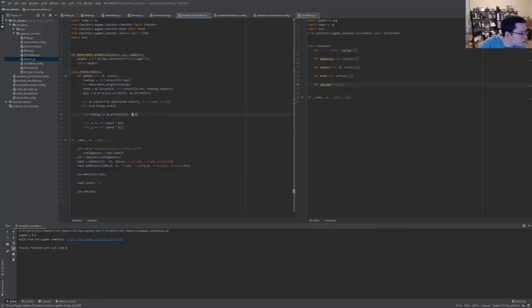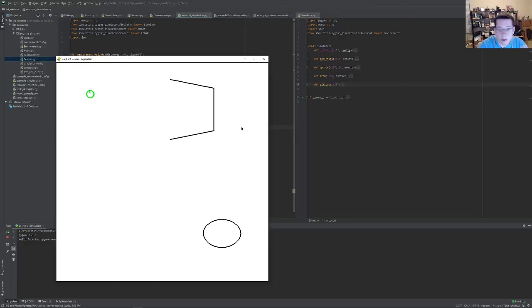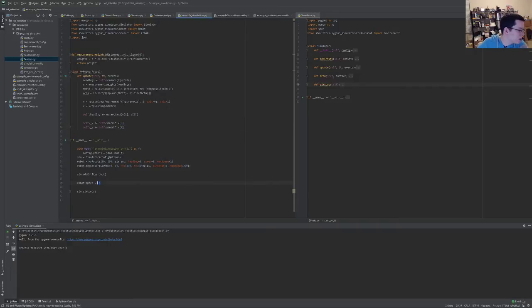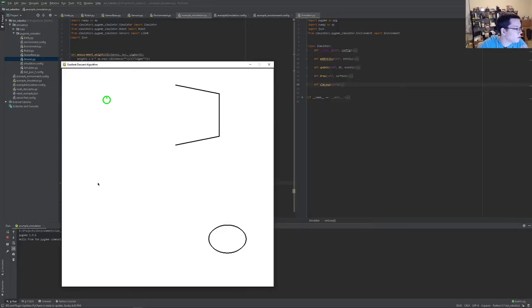Just so that you can see what it's doing, it's not correct, but it is moving. Let's increase the speed a little bit. Sliding along.